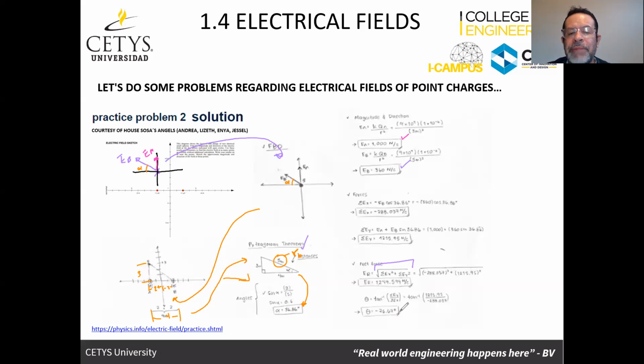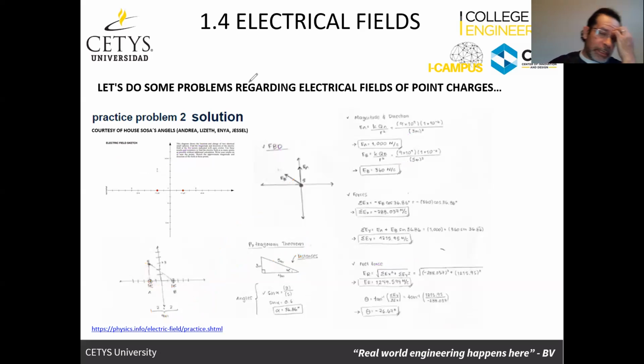And the angle is either minus 76.67, or another valid answer is to say that the angle is 103 point something degrees. So it's either the negative angle, which would be the 76, or the positive, which is the complementary angle, which is 103. Either of those is valid. Okay. And this one, we didn't have any calculation issues that were relevant. Okay. So questions with these problems before we wrap up this part. Questions? Are we good?